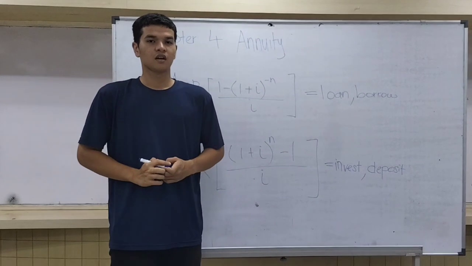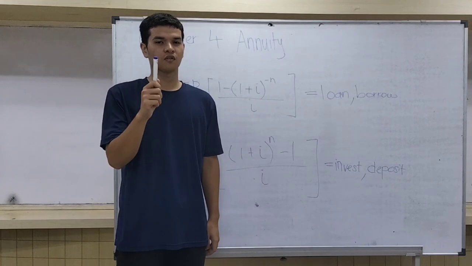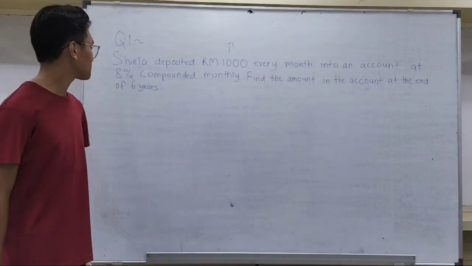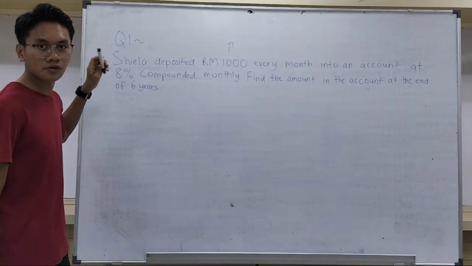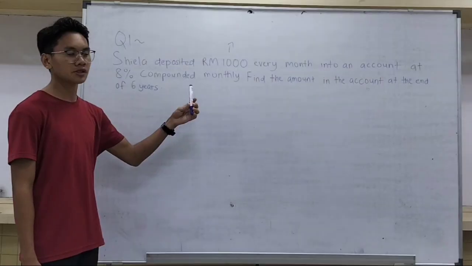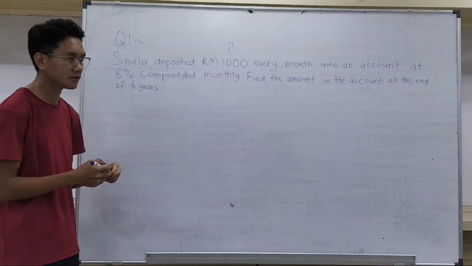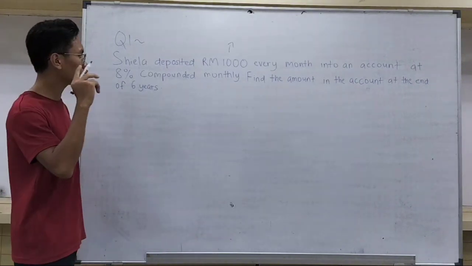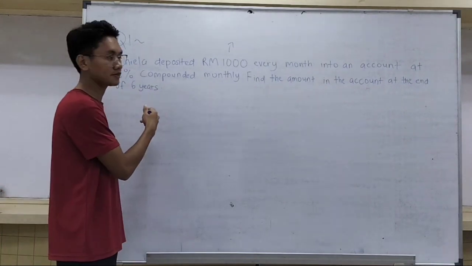So my teammates will give you the example of the question. Let's begin the next topic. This is the first question for chapter 4. Question 1. So the question is, find the amount in the account at the end of 6 years. Okay, so first of all, we need to list all of the information.